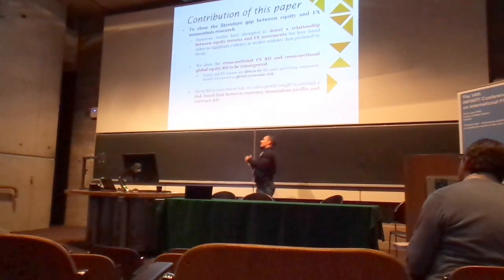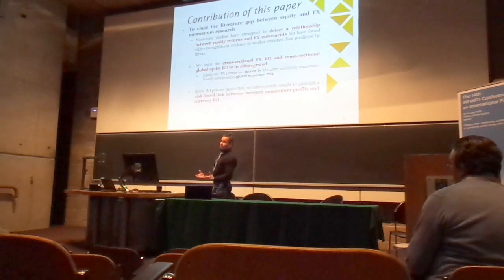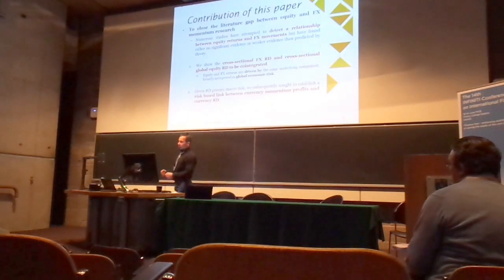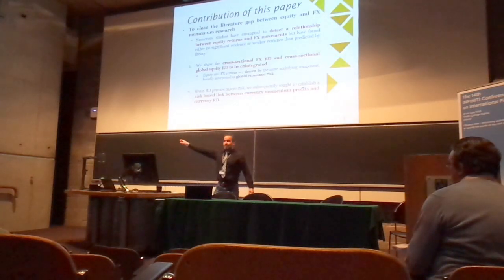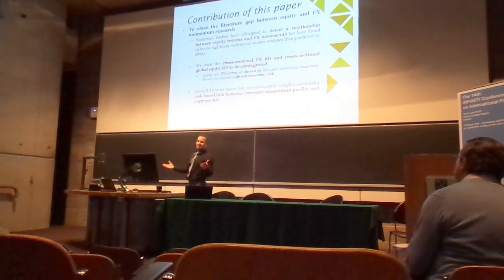That means that our results are extremely robust. And what we also show is, as risk increases, as we move from low cross-sectional currency return dispersion to high cross-sectional currency return dispersion, the payoffs of the momentum 1-1 anomaly are increasing monotonically as risk increases. And this is exactly what we actually want to see in asset pricing.